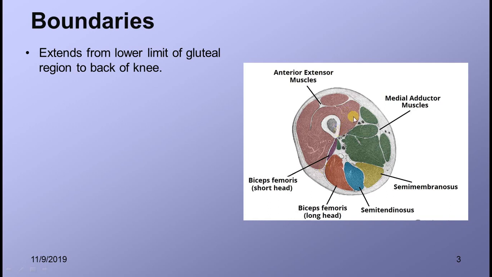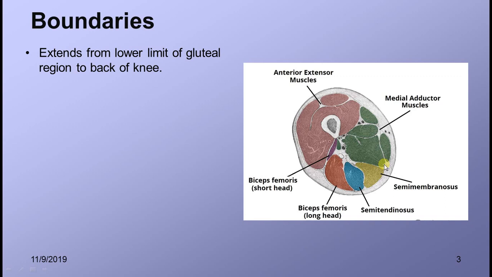Then the adductor compartment and the extensor compartment are separated by the medial intermuscular septum. Then you have one more septum which you cannot see properly, the posterior intermuscular septum, which separates the medial compartment from the posterior compartment.